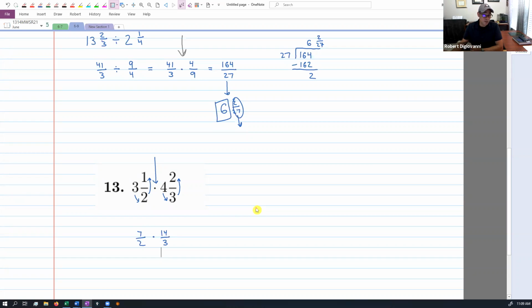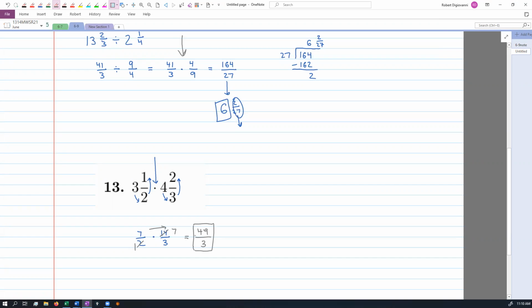You can also reduce now, if you'd like, which I think I'll do. I see that 2 goes into 2 once and 2 goes into 14 7 times. Now when I multiply straight across, I get 49 over 1 times 3, which is 3. So you should get 49 over 3, which I would accept on an exam.